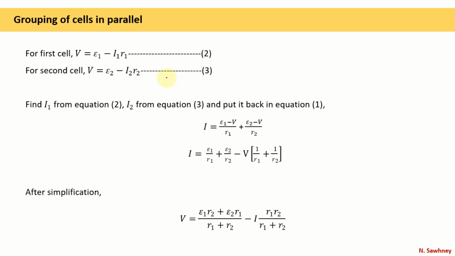For the first cell, V is equal to E1 minus I R1, as we have just discussed. For the second cell, it is V is equal to E2 minus I R2, again in the same way. Now let us find I1 from equation number 2 and I2 from equation number 3 and put them back in equation number 1. And what is equation number 1?